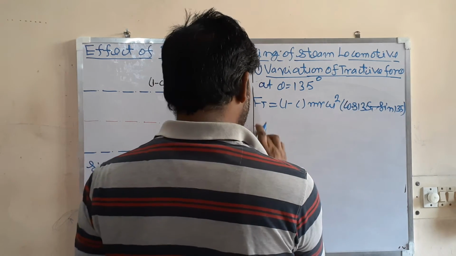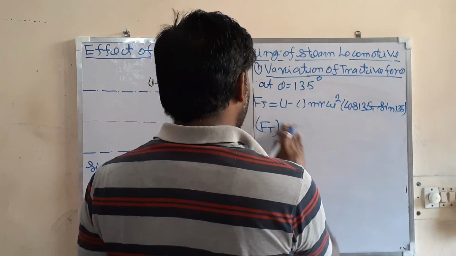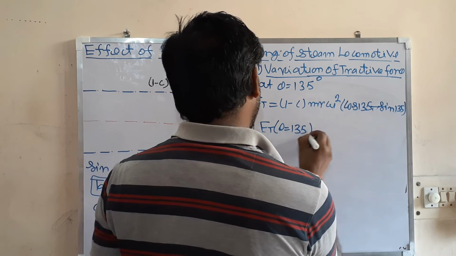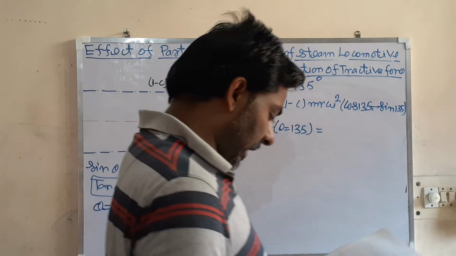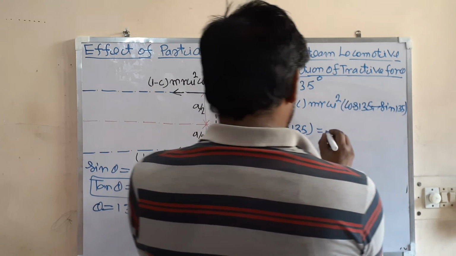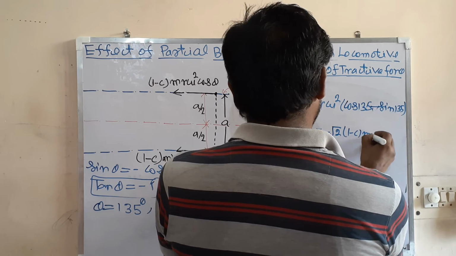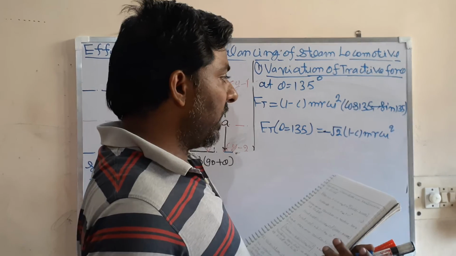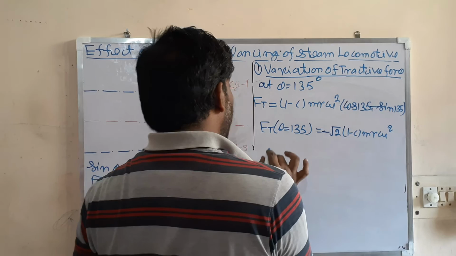When you solve this, at theta equal to 135 degrees its value is minus root 2 (1 − c) m r omega square.